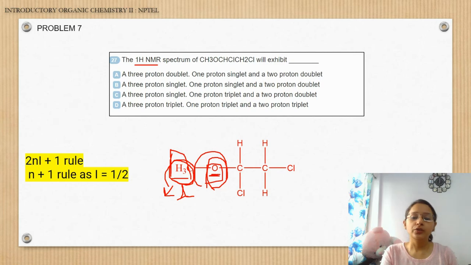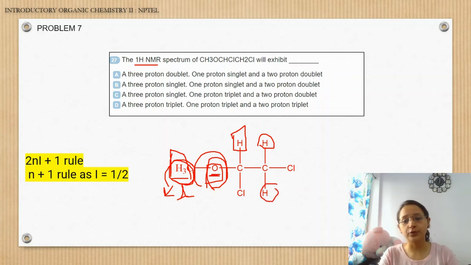So now coming to this proton, here this proton has two adjacent neighboring protons. Okay, so are these two protons equivalent or non-equivalent? First, we have to look at this. If they are equivalent, then they all together will split the signal of this particular hydrogen.